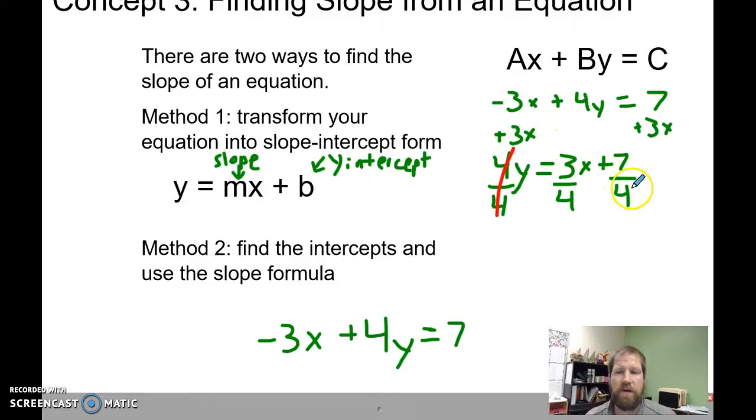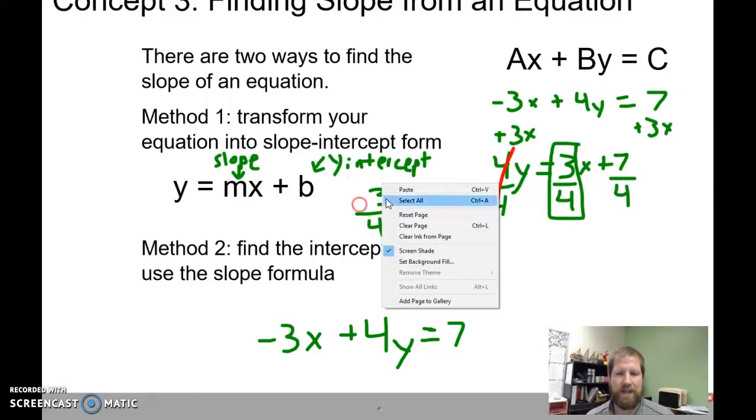The beauty of it, when you are looking for a slope, is that I don't even care what this is. I don't care that 7/4 is kind of a messy fraction. All I care about is that this number right here is my slope. My slope for this equation is 3/4.